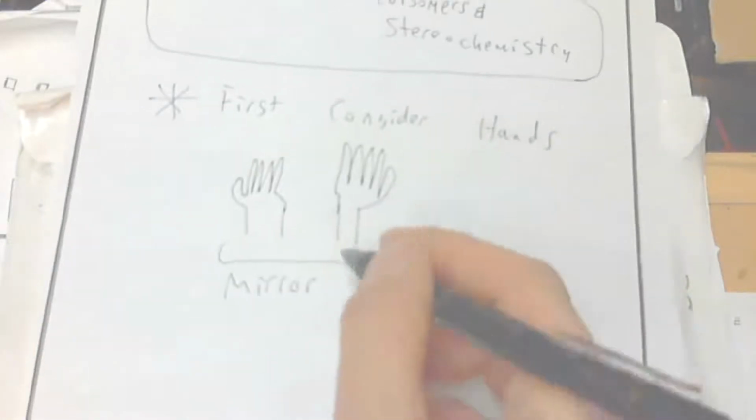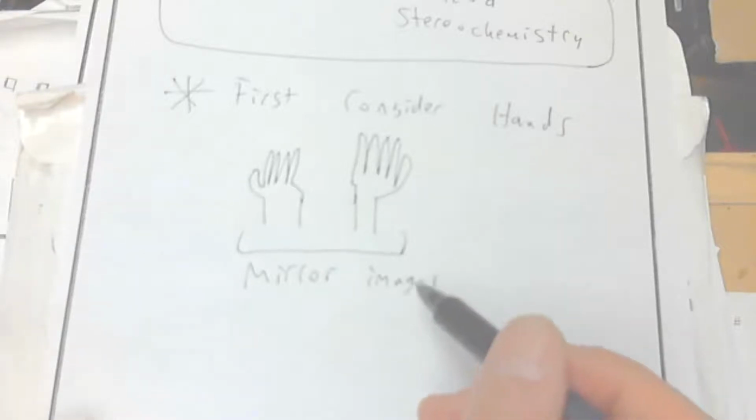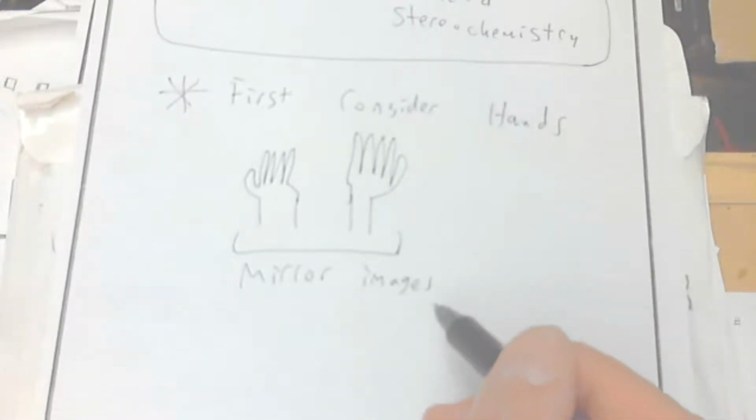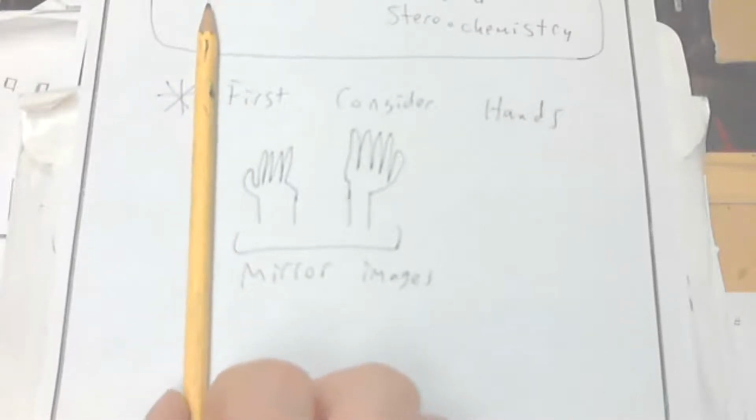Not only are they mirror images, but are they superimposable mirror images or non-superimposable? Everything has a mirror image. A pencil has a mirror image. Here's a pencil. It's a really ugly pencil, but it has a mirror image.